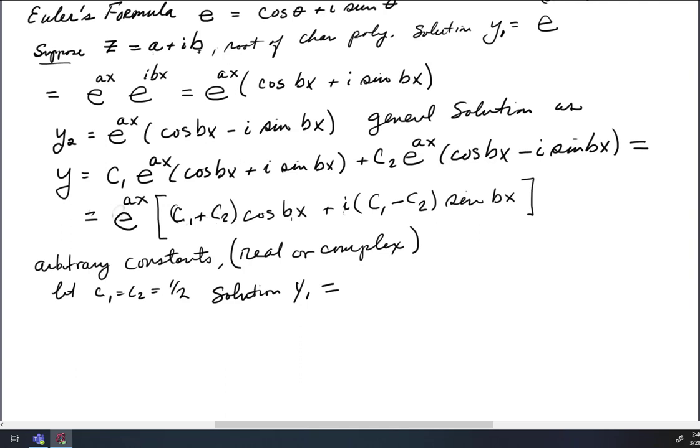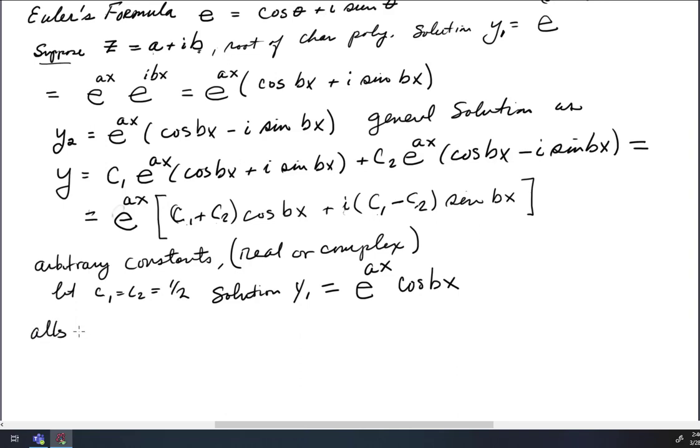This would be 1. This would be cosine bx. c1 minus c2 would be a 0. So this would just be e to the ax cosine bx. That would be a solution to the original differential equation.